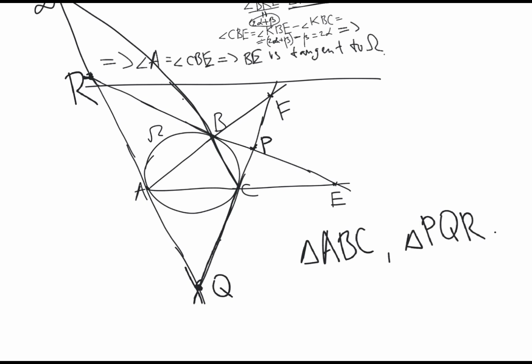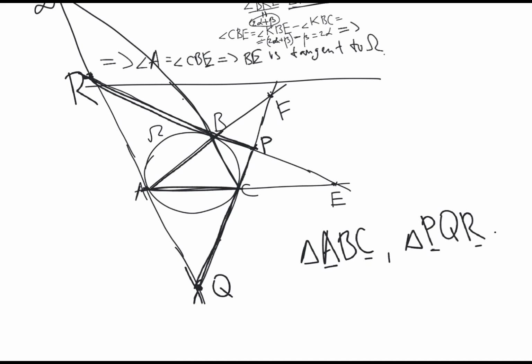So E is the intersection point of PR and AC. F is the intersection point of AB and PQ.